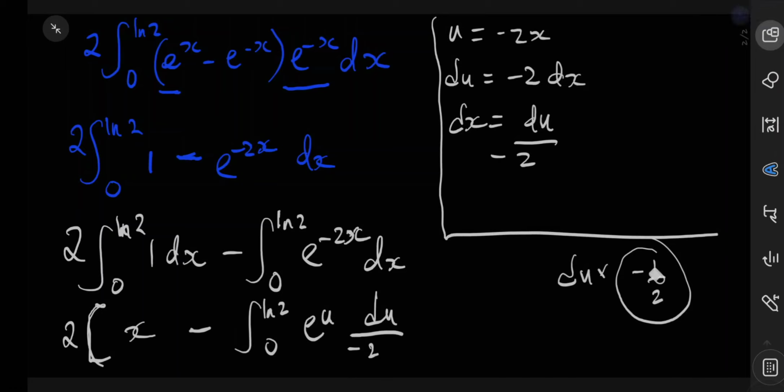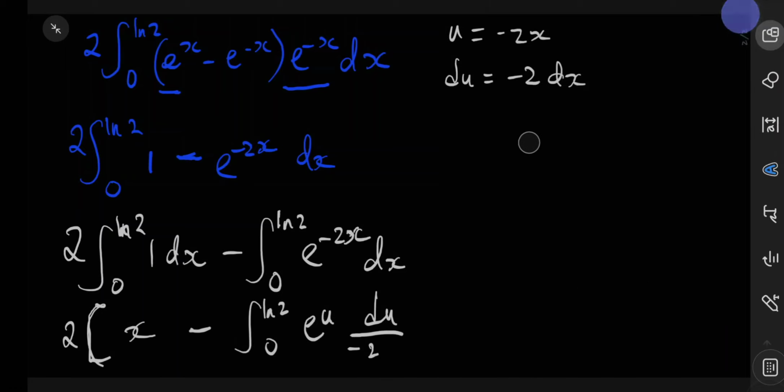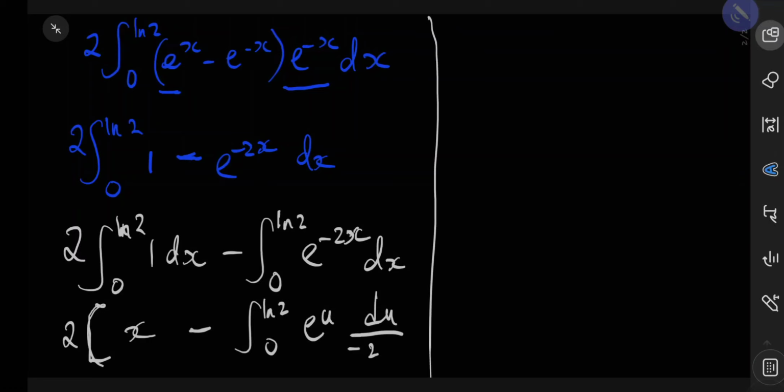So now to do that, let's use the space here. We'll draw a line. Now we have 2 outside, dx, minus, taking that half out, half, and we know that the integral of, okay, let's still use this.